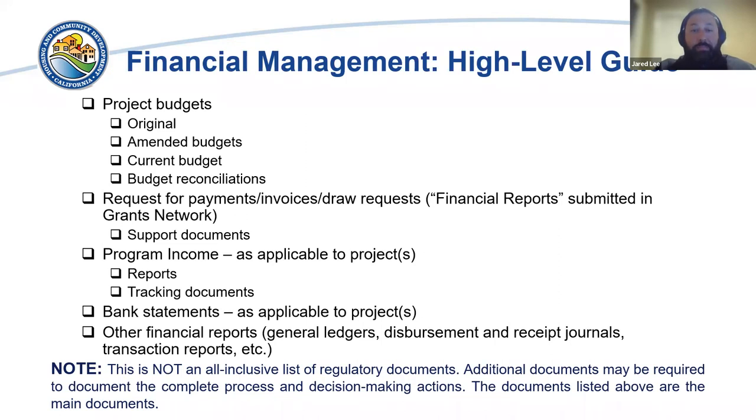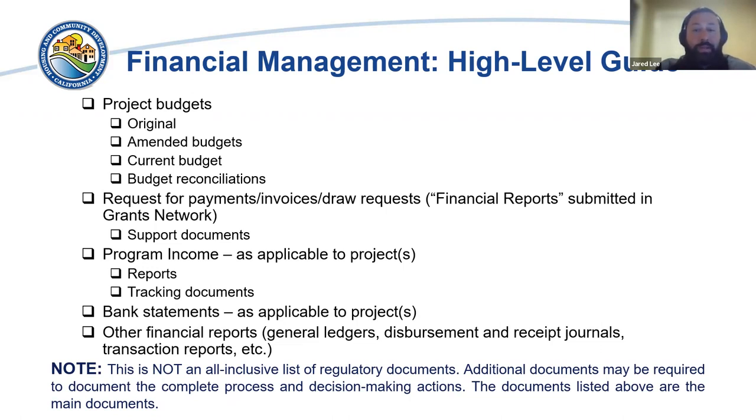So getting back to bank statements and other financial reports, reviewing these documents on a project level really depends on how you as a subrecipient have structured your accounting records. In accordance with 2 CFR 200.302(b)(2), a pass-through entity like HCD cannot enforce specific accounting practices or financial management systems onto a subrecipient to perpetuate federal financial management requirements.